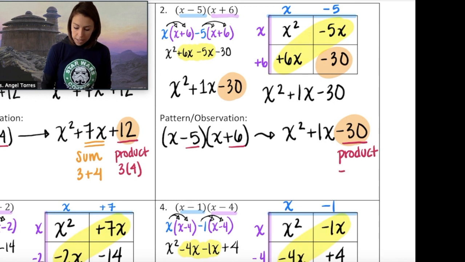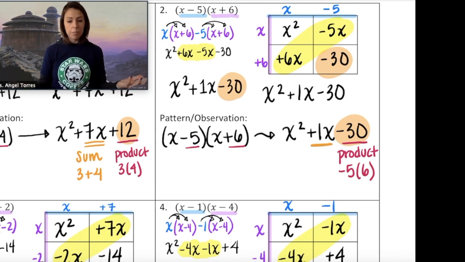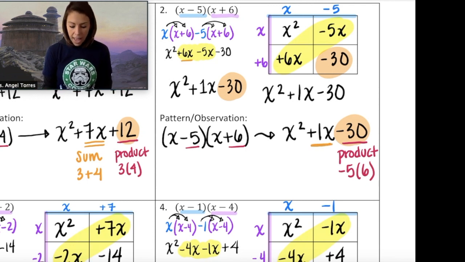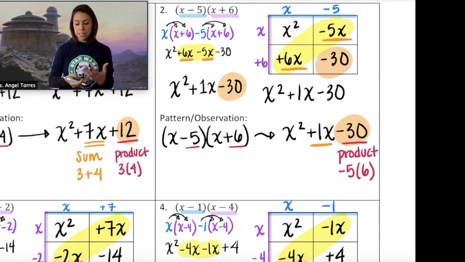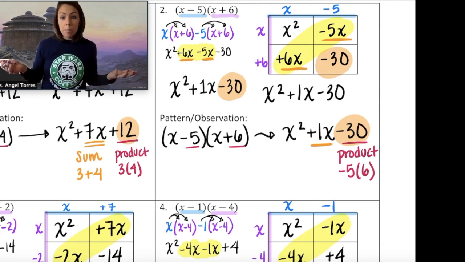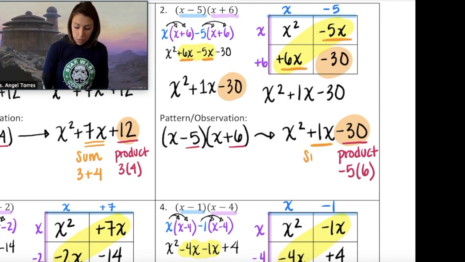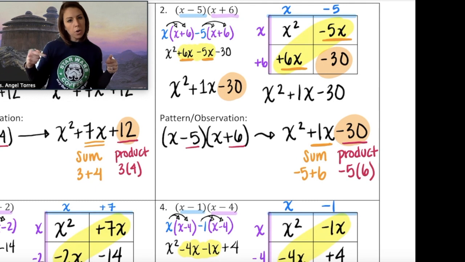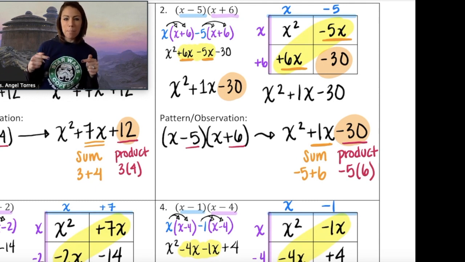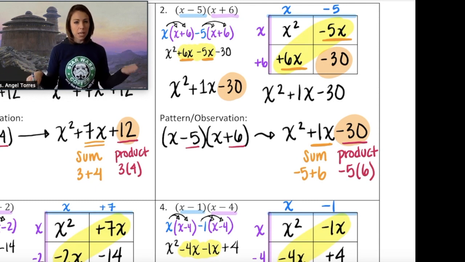This is the product of negative 5 and 6. Interesting. Where did our plus 1 come from? That came from adding a 6x and a negative 5x, because we multiplied a negative 5 and a positive 6 by x and combined them together. So this was the sum of negative 5 plus 6. Interesting. Can you see if that same pattern applies in numbers 3 and 4?